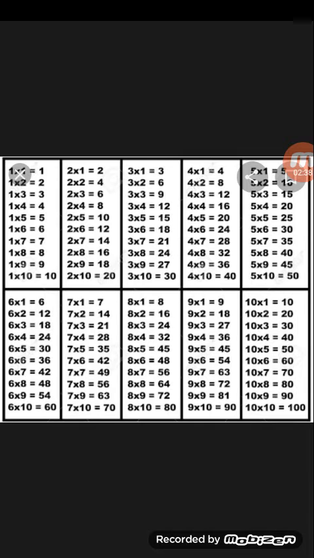It's the same for the times 3 up to times 10. I'm going to write the best possible ways to memorize the multiplication table up to number 10.